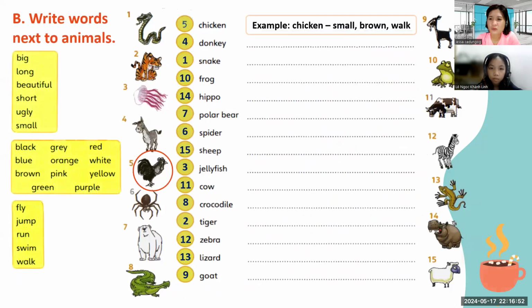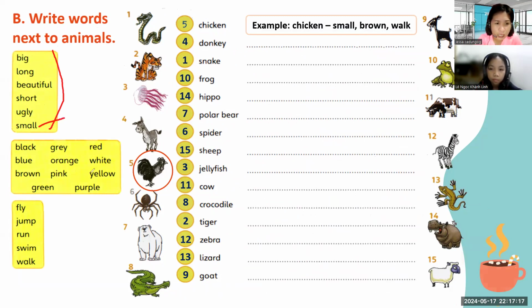So here, Lynn, I want you to write what are the characteristics of this. Example, the chicken. Find it here. The answers are found here. Describe a chicken. The chicken is small. You write small. What is the color?